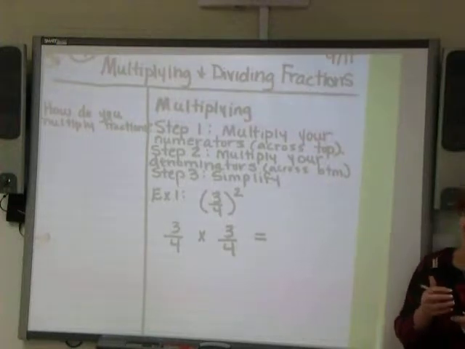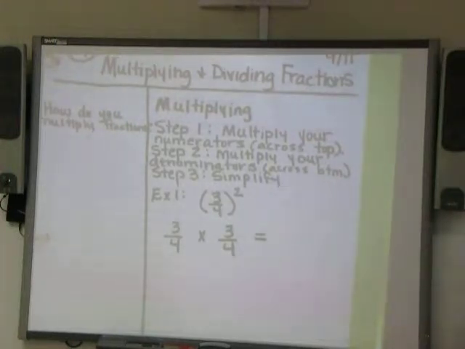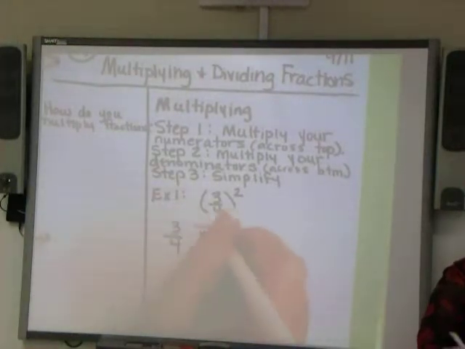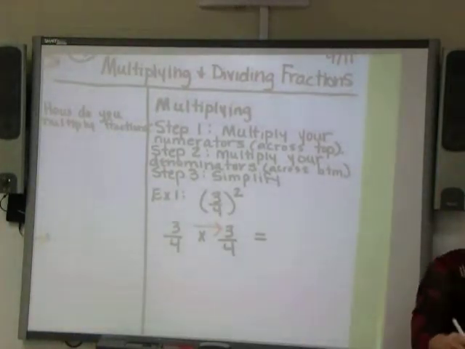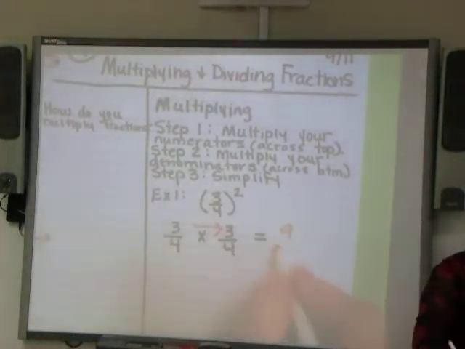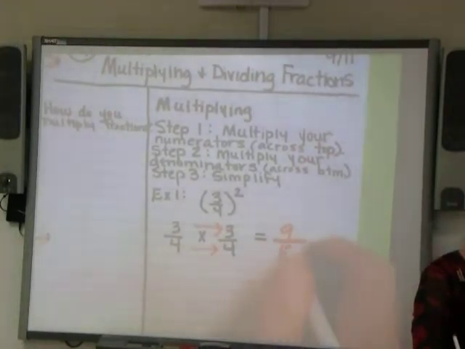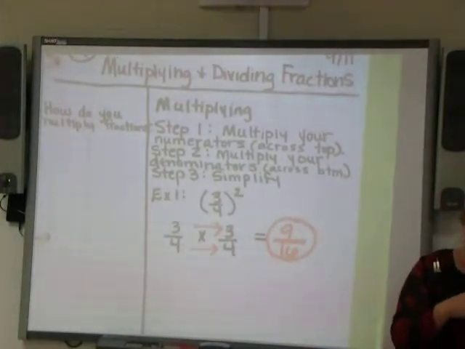So if I'm following the steps, step 1 tells me to multiply across top. So 3 times 3 is 9. And 4 times 4 is 16. So 9/16 is the answer to that problem.